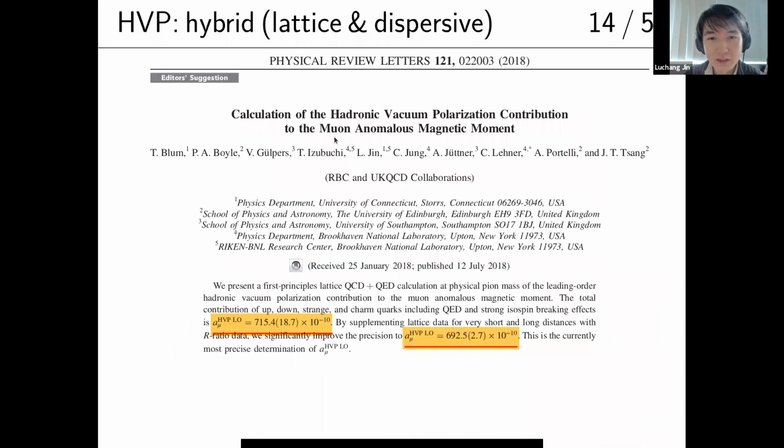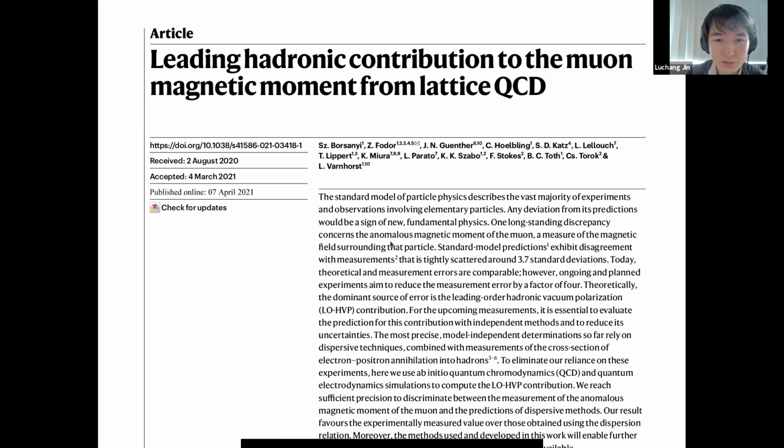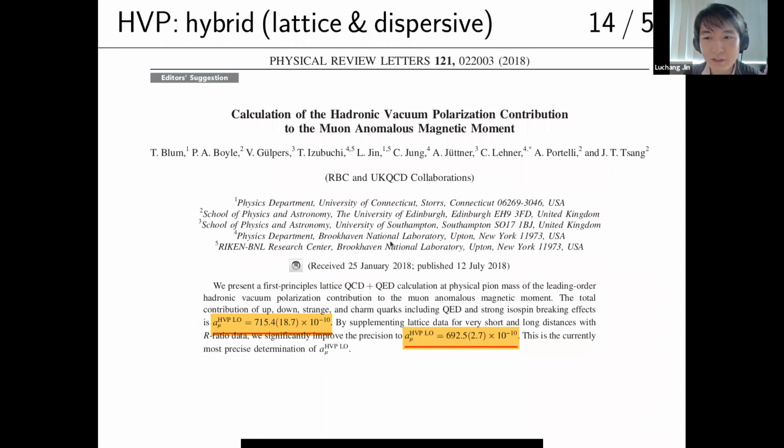So later, from our group as well, we had a complete lattice calculation, including the QCD plus QED effects as well, to get the required accuracy.